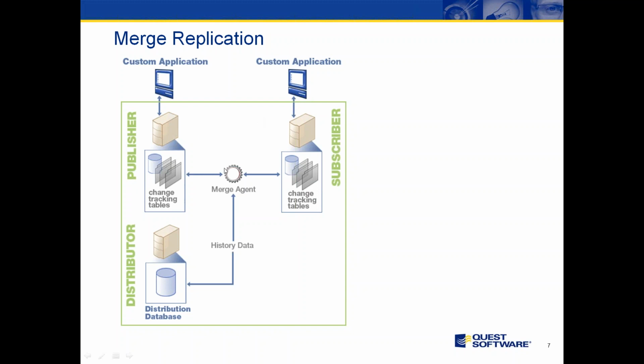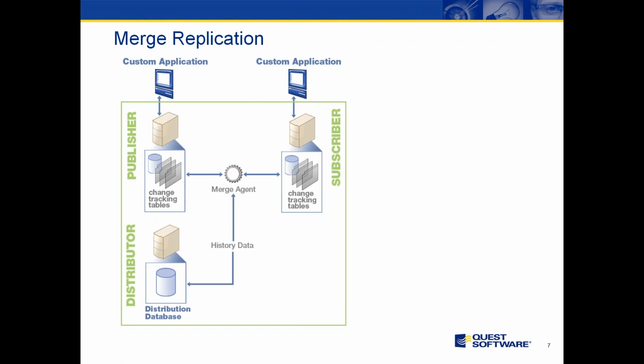And we do have a distribution database, and this distribution database will only contain the history information. In merge replication, the distribution database only contains the history information, whereas in transactional replication, the distribution database will first get the data from the publisher, and from there the distributor will push the data to the subscriber.